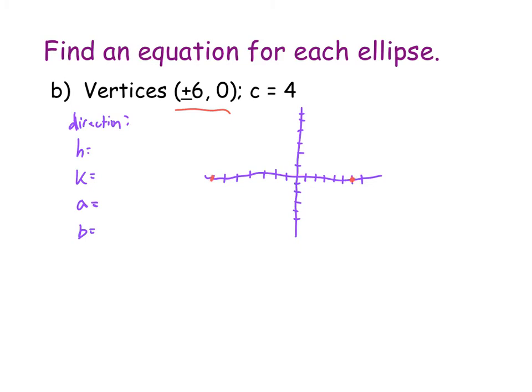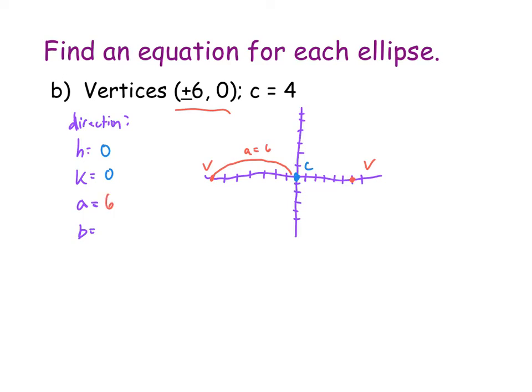So since those are the vertices, the center should be halfway between those two things. And so right in the middle of those would be the center, which would be at 0, 0 again. Now that we know where the vertices are and where the center is, we should be able to figure out what a is. A is that distance, so a would be 6.